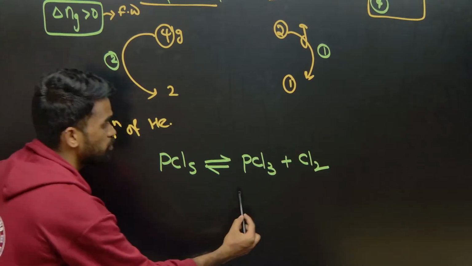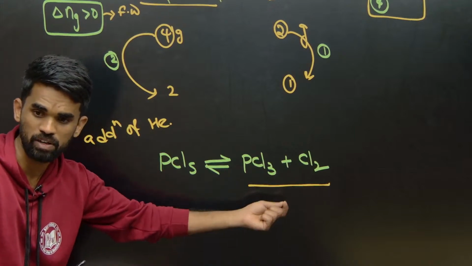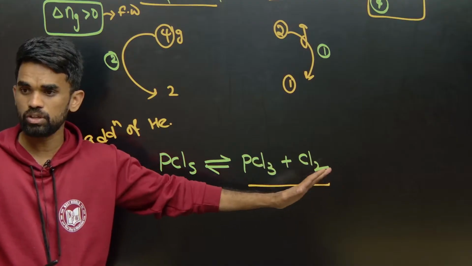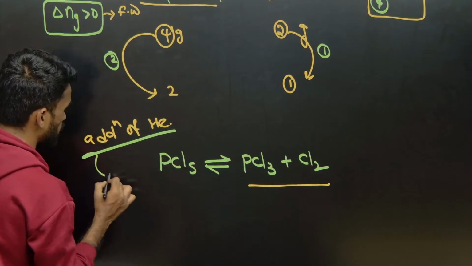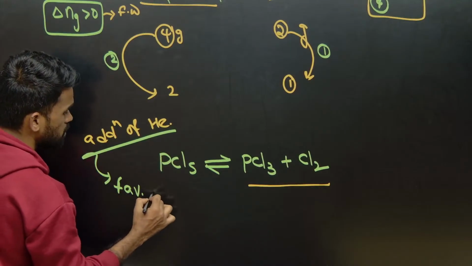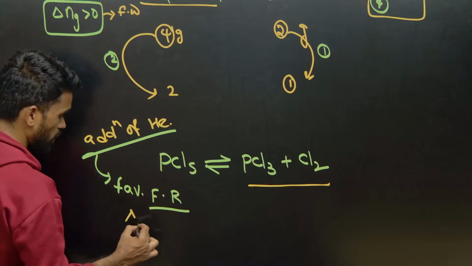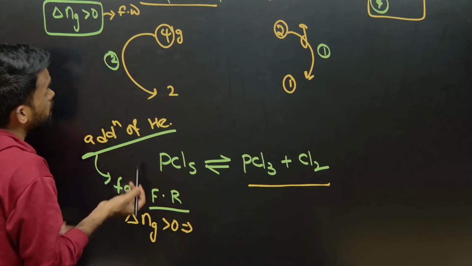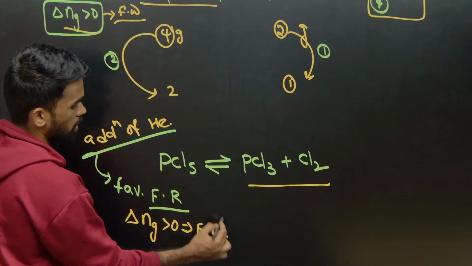See, the number of moles is greater on this side, so the decrement will be more on that side only, therefore equilibrium moves forward to nullify the decrement. So addition of inert gas favors the forward direction. And if you want, you can say delta Ng is greater than 0. This also matches what we have studied: greater than 0 means forward direction.